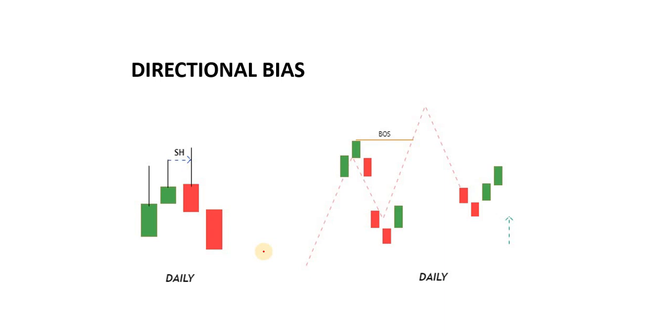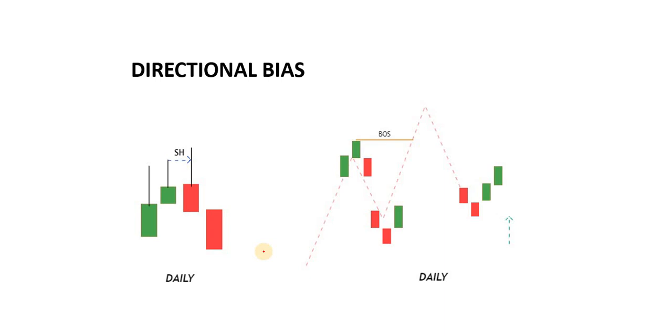What happens on the weekly happens on the daily charts and also on the lower time frames. So the same thing that happens on the weekly happens across all the time frames. So whatever concept is explained here also applies to the various time frames.